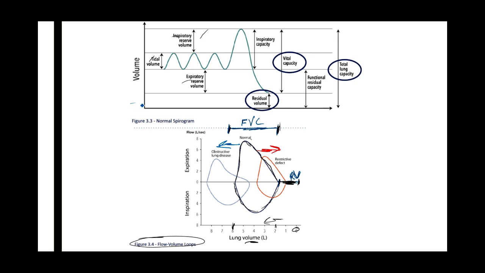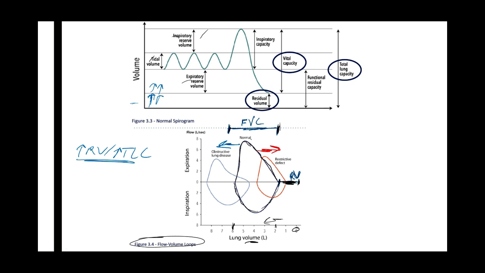What they do to the spirogram is cause an increase in residual volume and an increase in total lung capacity. When you increase the residual volume, it makes sense that the total lung capacity would increase, but the residual volume increases so much in these cases that it actually crowds out the other volumes. So everything else decreases in obstructive lung diseases.